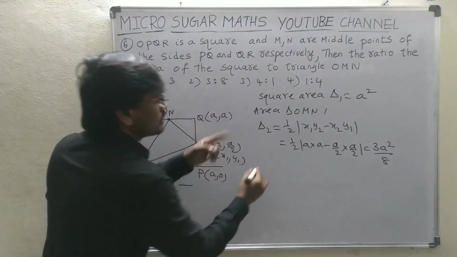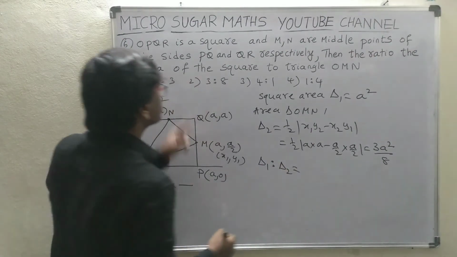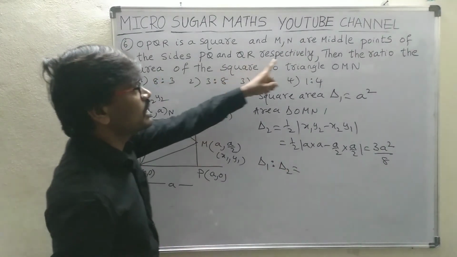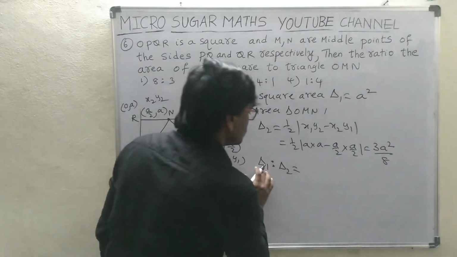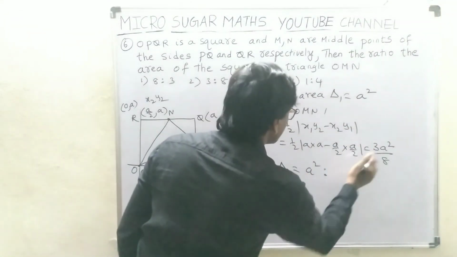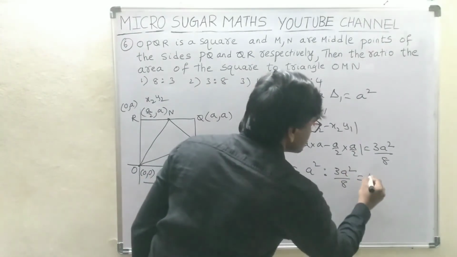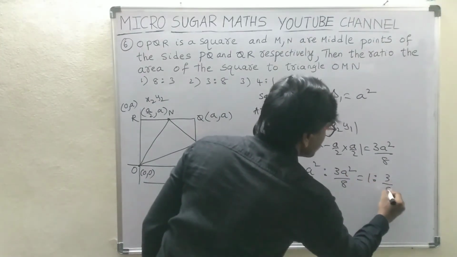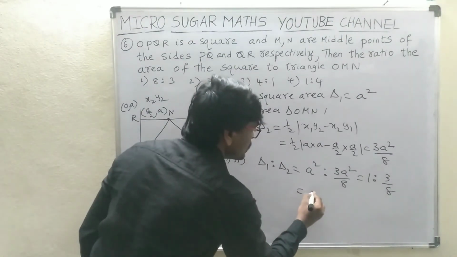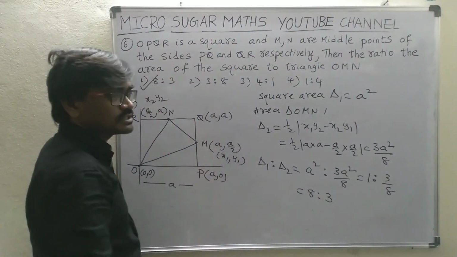Now we need the ratio delta 1 is to delta 2, the ratio of the square to the area of the triangle. Delta 1 value is A square is to delta 2 value 3A square by 8. A square cancels. 1 is to 3 by 8 means our required ratio is 8 is to 3. First option.